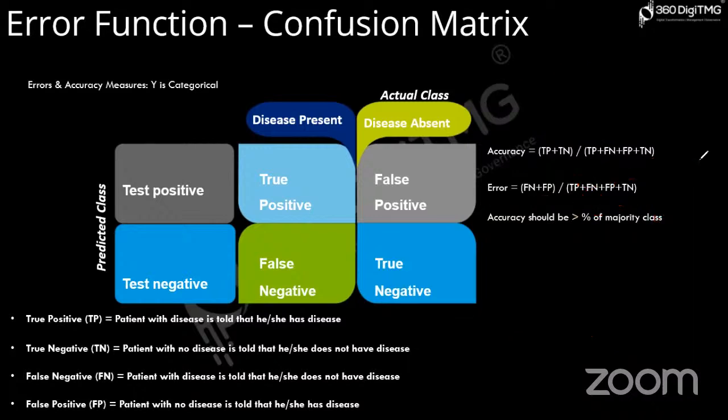So this is the error function when it comes to classification. When Y is categorical or discrete, only then will we go with the classification case or confusion matrix.